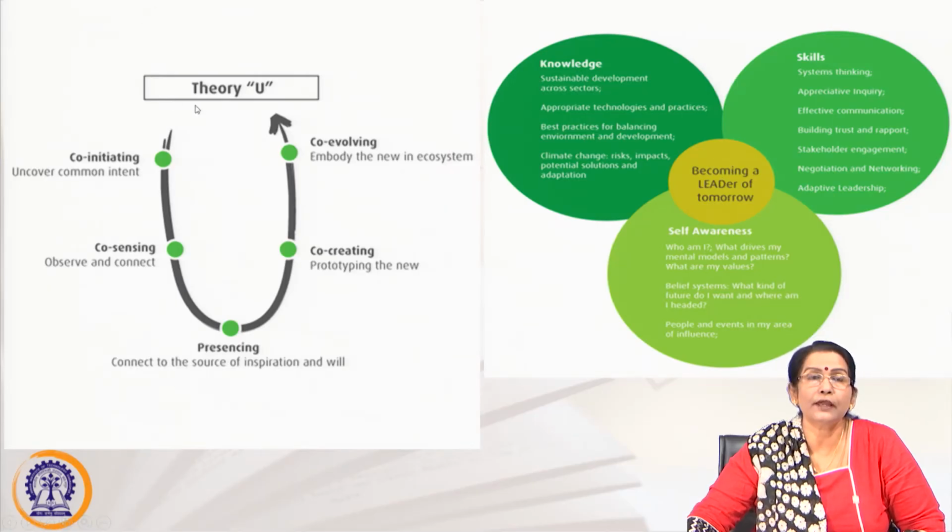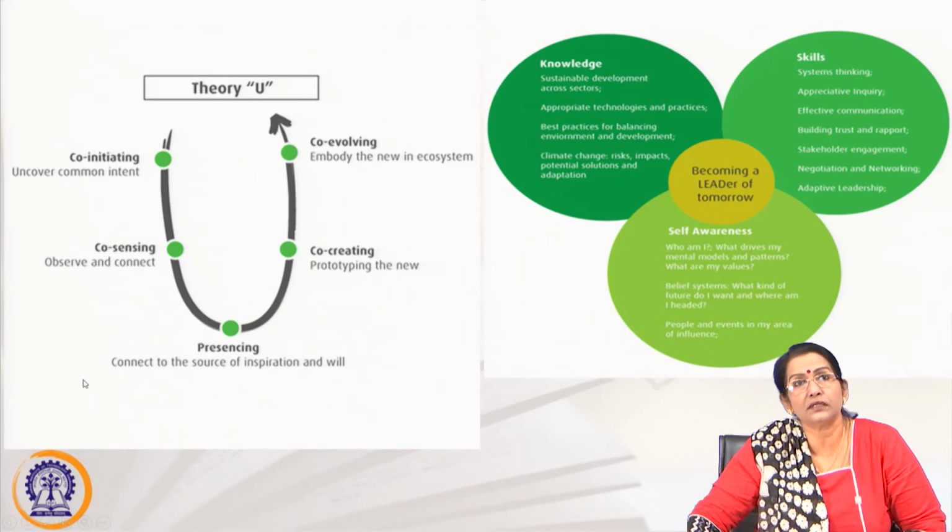So, here Theory U says how to connect the sources of information and will. First is co-initiating the intent, then co-sensing, observing and connecting with others. Then presencing, you must be present, mindful in attending to the current situation, the emergencies, the issues, the challenges.